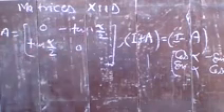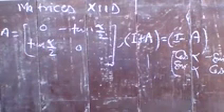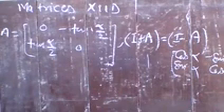And you all know the relation between cos alpha and sin alpha in terms of tan alpha by 2. Cos alpha can be written as 1 minus tan square alpha by 2 upon 1 plus tan square alpha by 2. And the value of sin alpha can be written as 2 tan alpha by 2 upon 1 plus tan square alpha by 2.